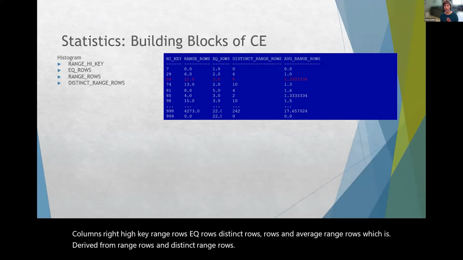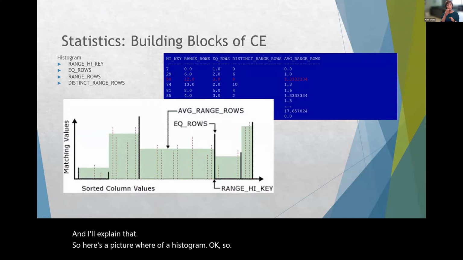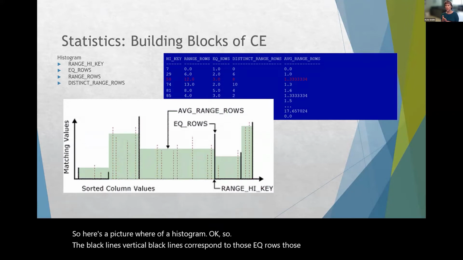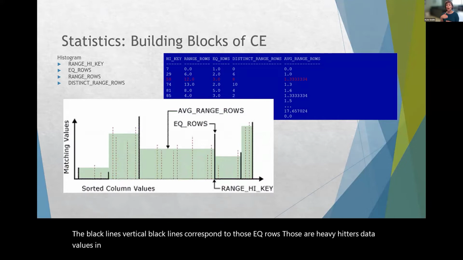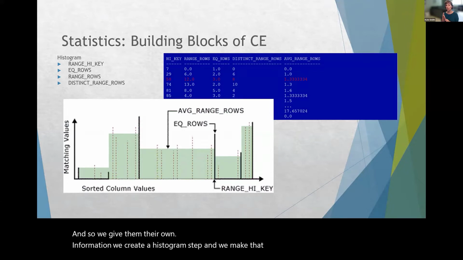And I'll explain that. So here's a picture of a histogram, okay? So the vertical black lines correspond to those EQ rows. Those are heavy hitters, data values in your column that are at a high frequency. And so we give them their own information. We create a histogram step and we make that the EQ rows value.